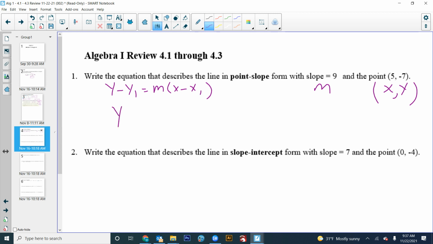Y would be -7. But it's minus a -7, so what's it turn to? +7, equals 9, parenthesis, X, then 5.